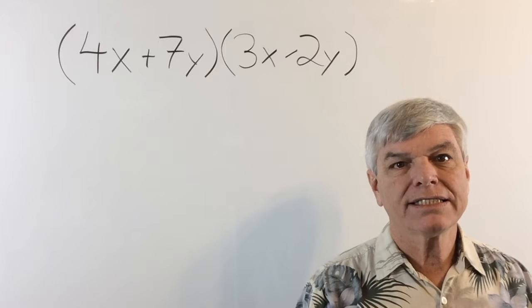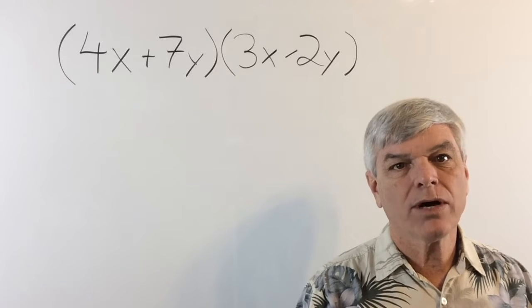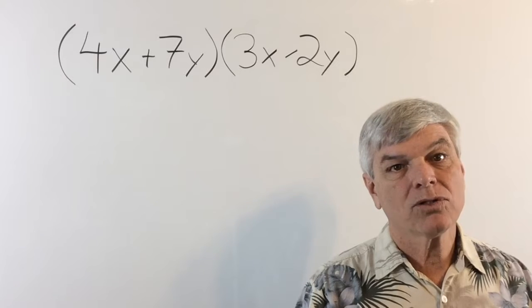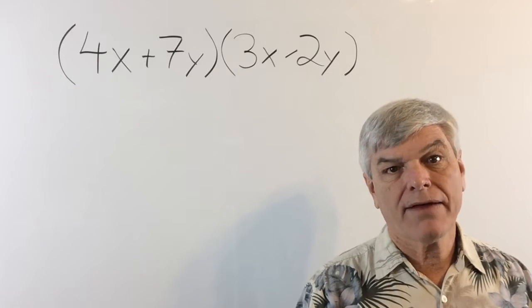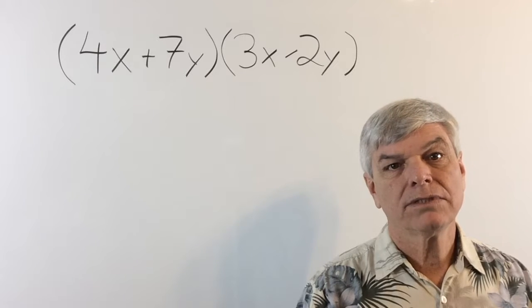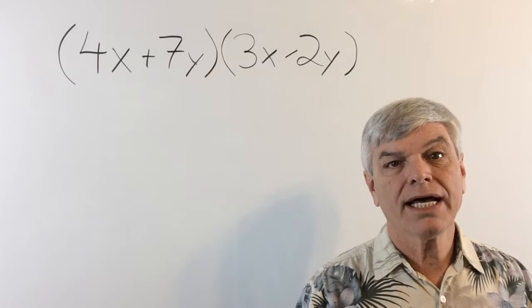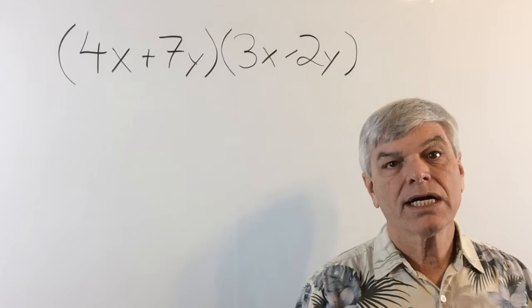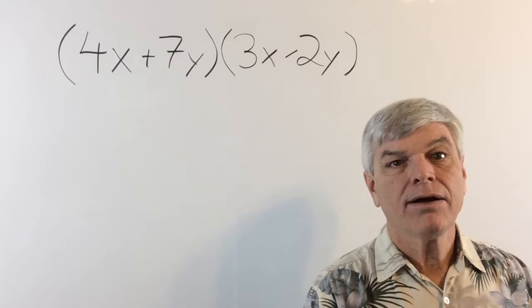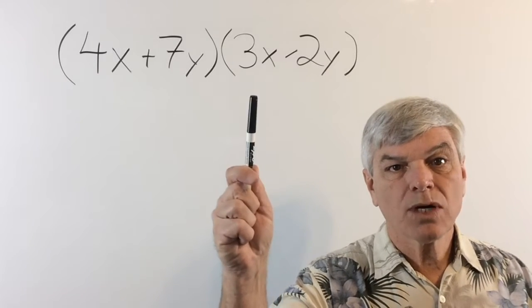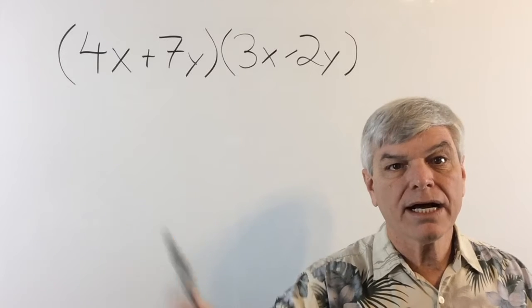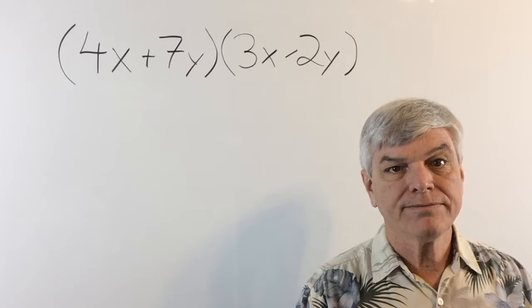Okay, we're going to take that same problem that we multiplied with FOIL, and instead of multiplying it like this, that's a format that's good for FOIL, we are going to multiply in rows. So we're going to take the second binomial right here, and we're going to place it right under the first binomial.